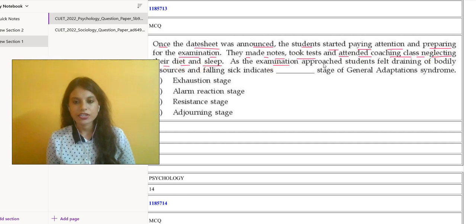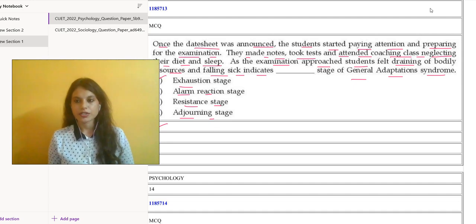As the examination approached, students felt draining of bodily resources and falling sick, which indicates dash stage of general adaptation syndrome. Over here, the options include exhaustion stage, alarm reaction stage, resistance stage, and adjourning stage. So yes, we can go with exhaustion stage. Over here with the options given, we might go with option 1, that is exhaustion stage.